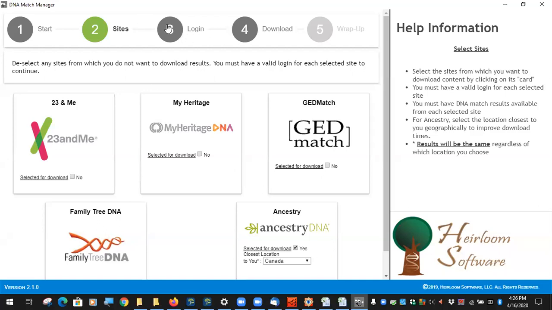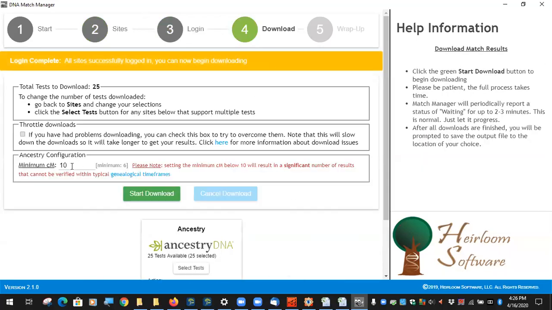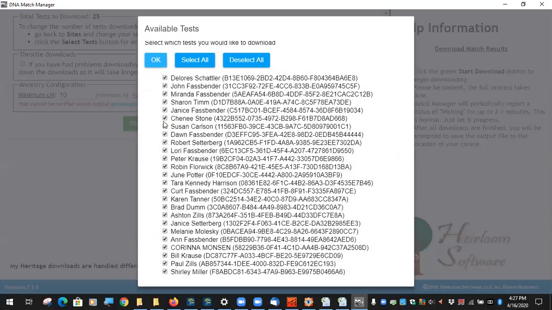So it has you log in, and then when you download, here you can set your minimum amount, and then here you can select the tests that you want.